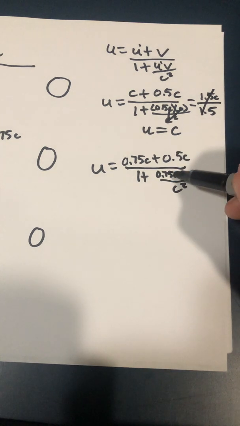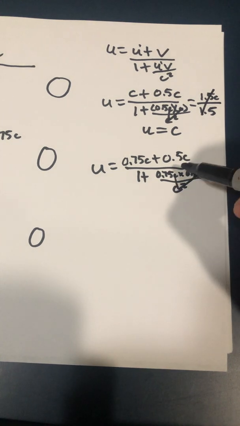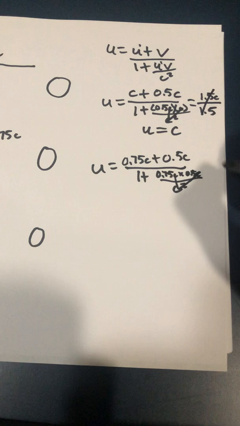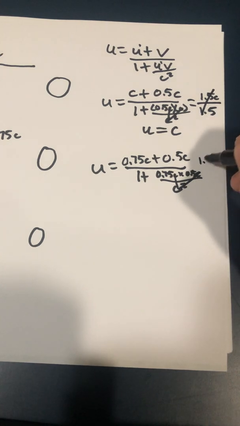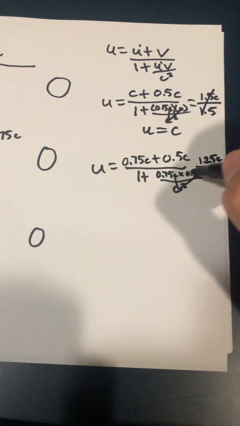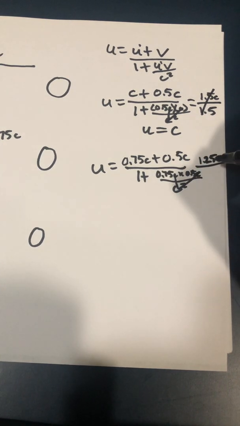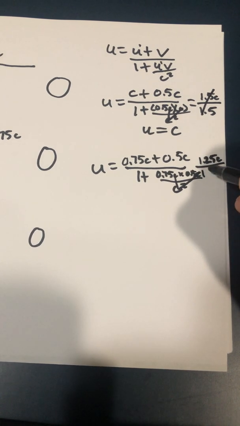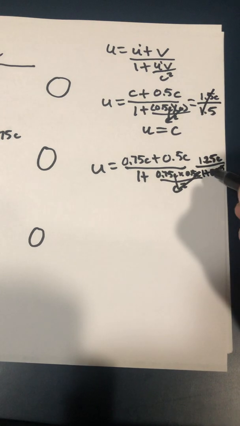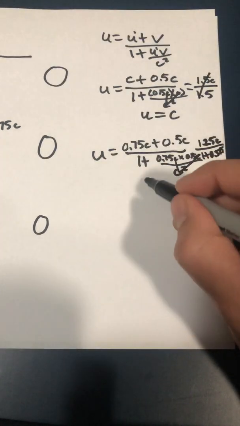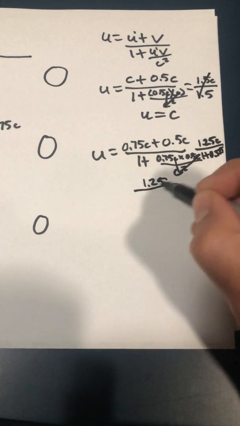So again, we know that our c's will cancel, and so we're left with a simple addition at this point. So we'll have 1.25 times c on the top, and on the bottom 0.75 times 0.5 will equal 0.375. So we'll be given this. And so again, it's just simple. I'll write it again so you can see clear.